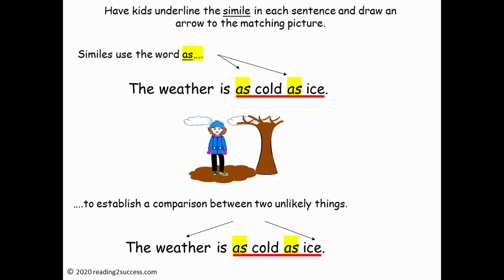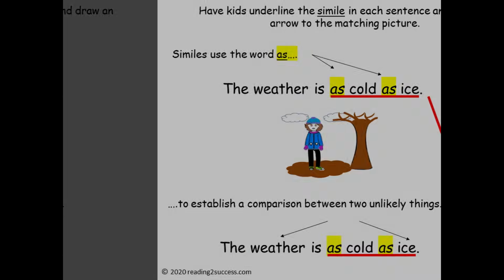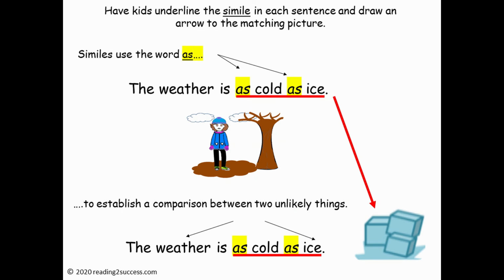The word as is used to establish a comparison between 2 unlikely things, weather and ice. Now have kids draw an arrow from the sentence to the matching picture of ice.